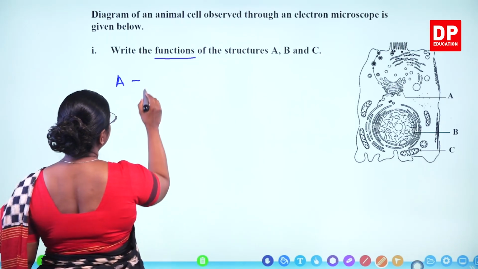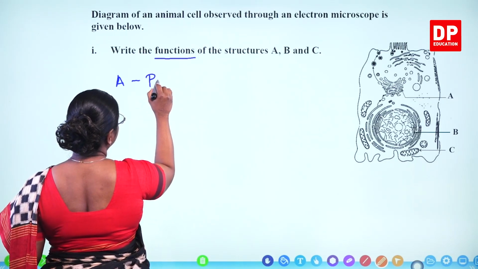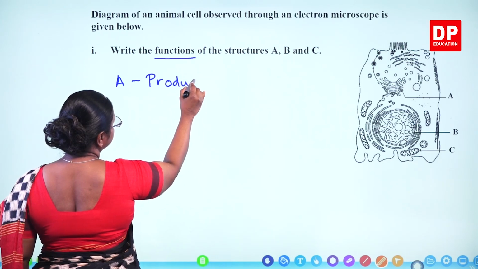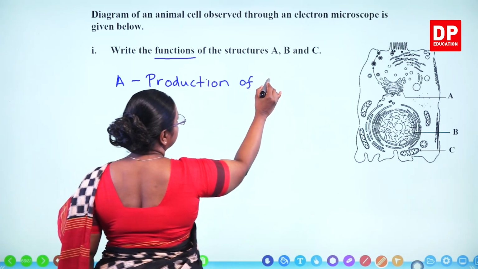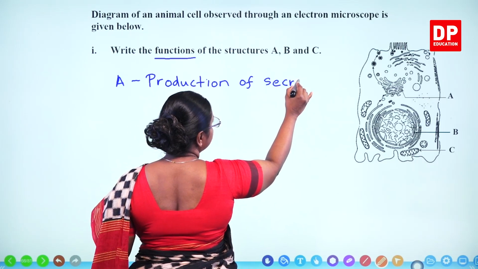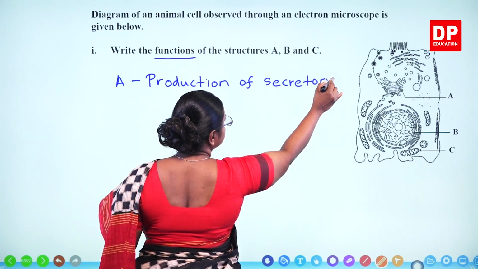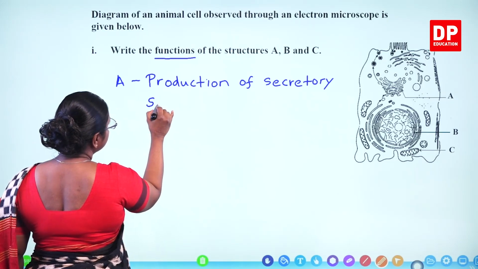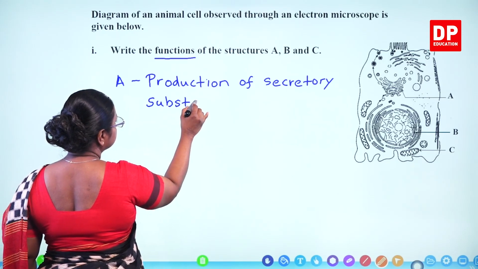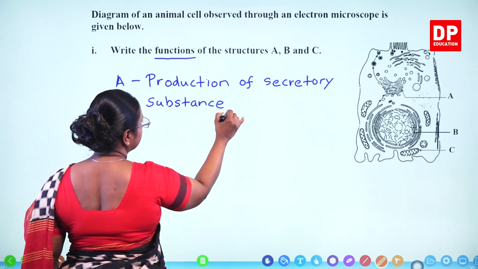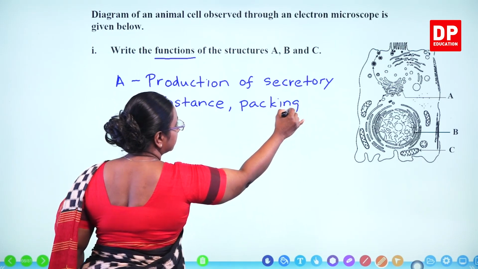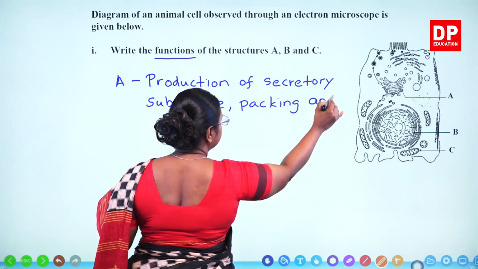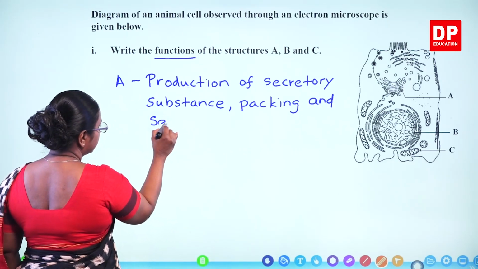So, that is what we have to write here. Production of secretory substances, packing and secretion.